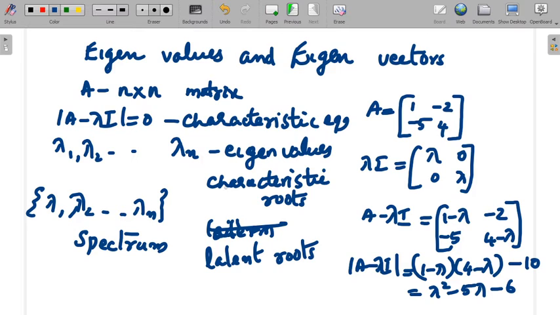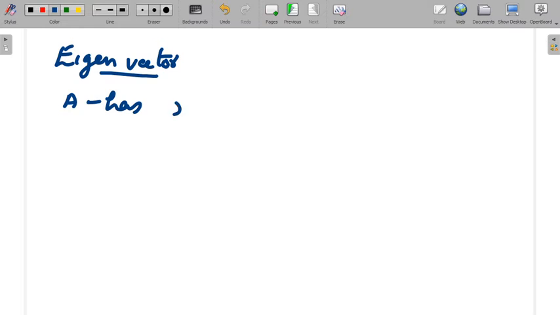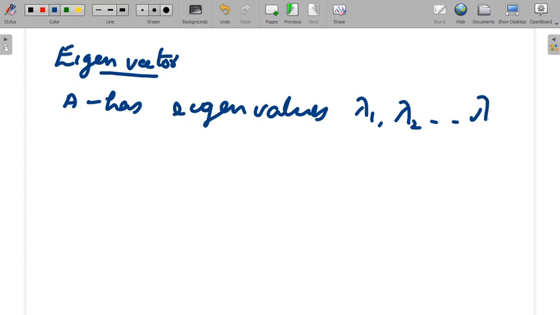Now if you find the eigenvector corresponding to the eigenvalue lambda, we define the eigenvector like this. So suppose A has eigenvalues lambda 1, lambda 2, etc., lambda n.